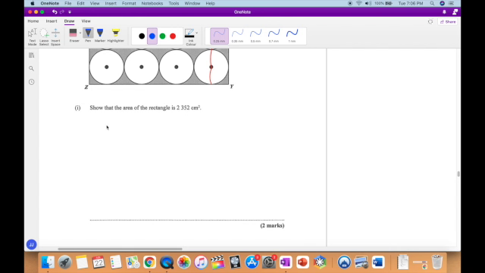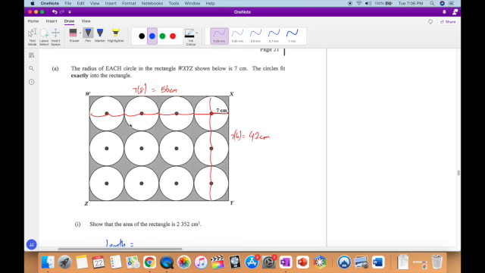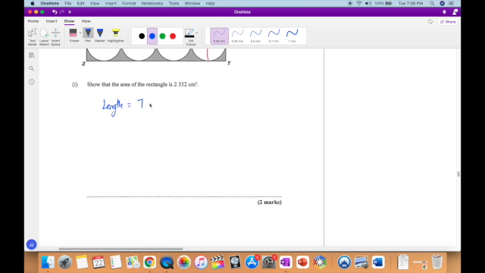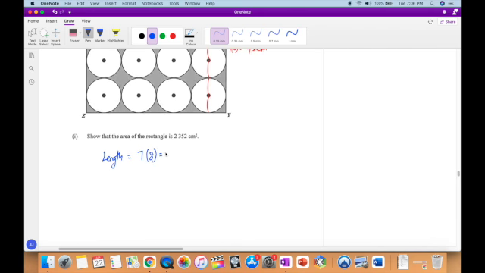So let's put the length is 7 times 8, which is 56. Width is 7 times 6, which is 42. Therefore, the area, we just want to make sure that we get the full 2 marks, of the rectangle is equal to 56 times 42, which is 2352 squared.